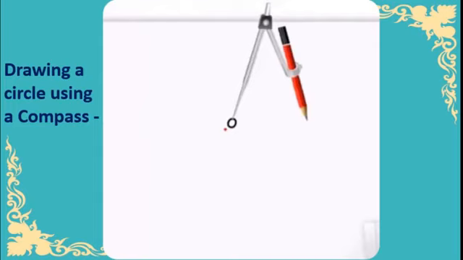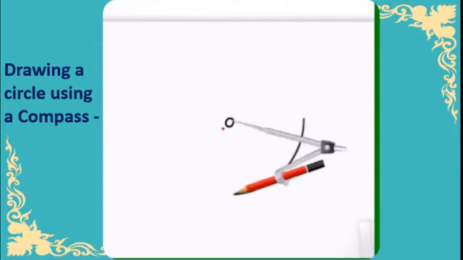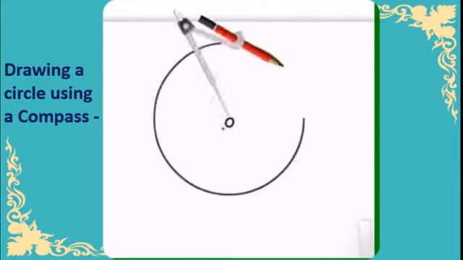Then we have to keep the steel needle on the center point, or any point that you marked. Then we move the pencil, like this. Do not move the needle side; we have to move the pencil side.